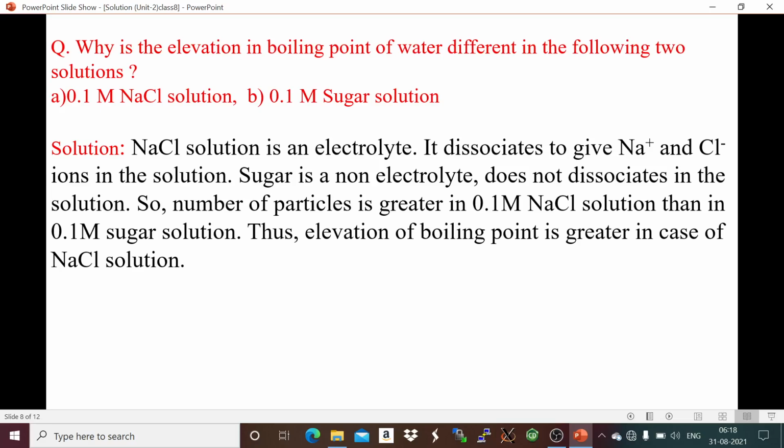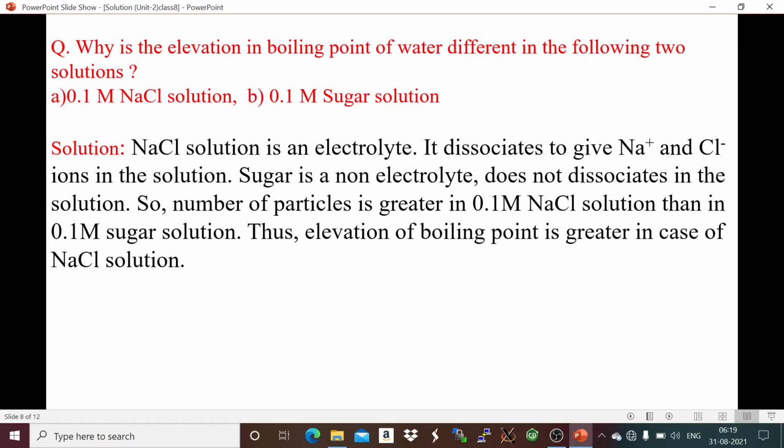Next one: why is the elevation in boiling point of water different in the following two solutions? Here it is 0.1 molar sodium chloride and the next one is 0.1 molar sugar solution. So this is a problem from colligative properties.